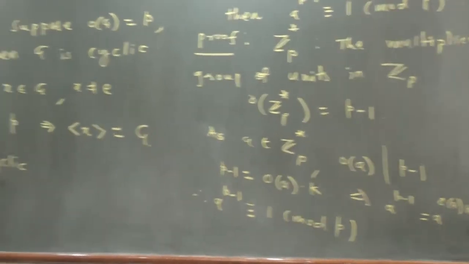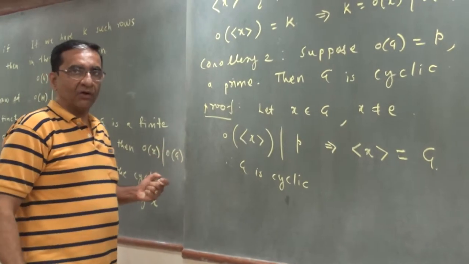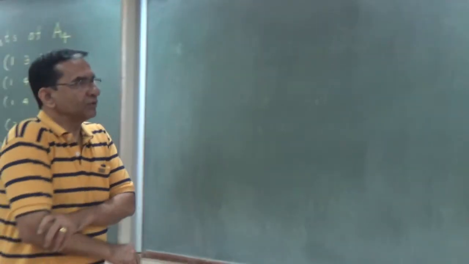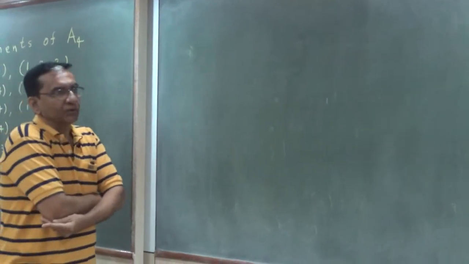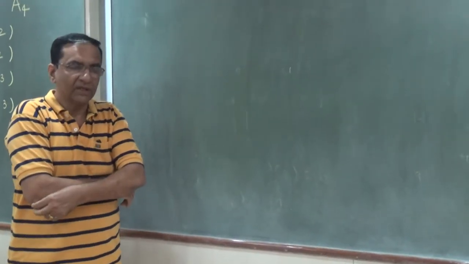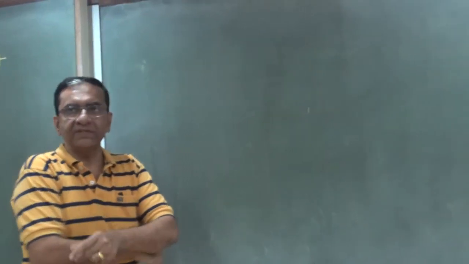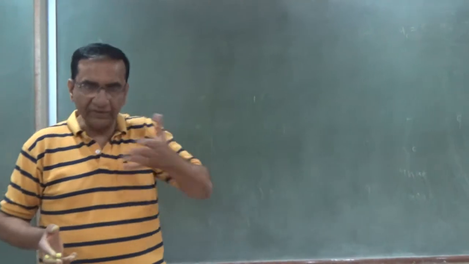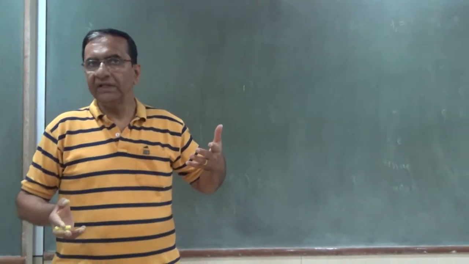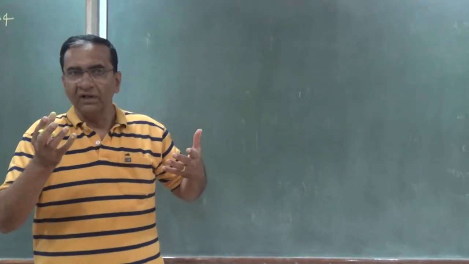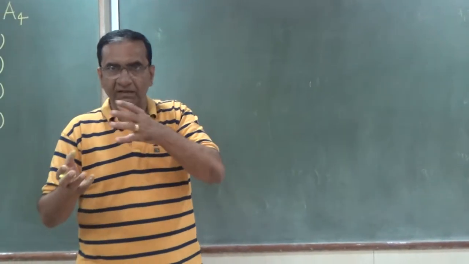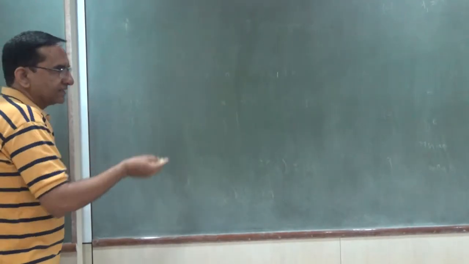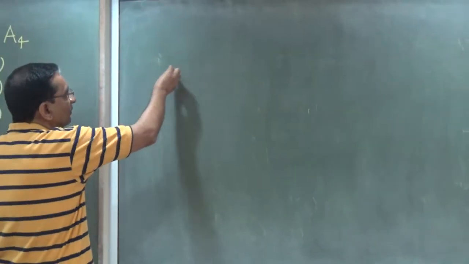So these are three immediate consequences of Lagrange's theorem. As I told you, the converse of Lagrange's theorem is not true. In what sense? If G is a finite group of some order, and you think of its divisors, then we need not have a subgroup corresponding to every divisor. This is a standard example you will see in every textbook.